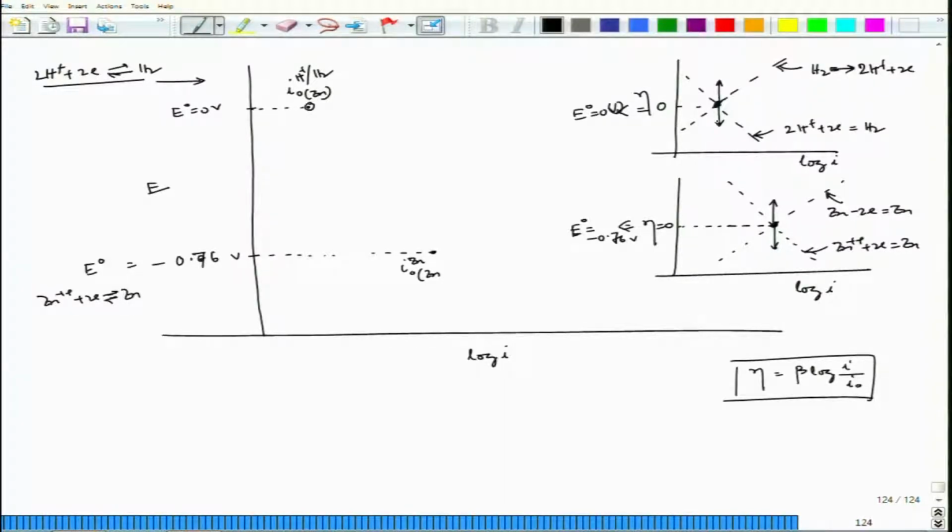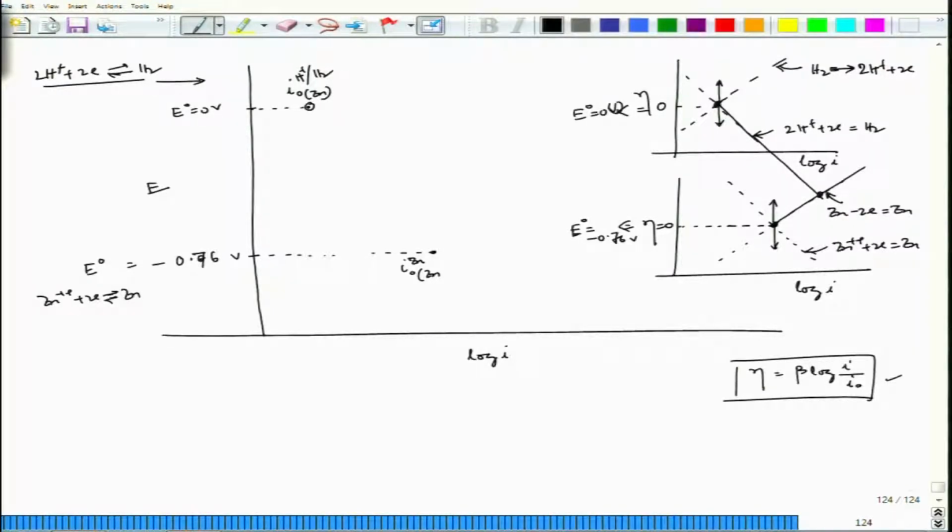And when they would like to do that, that means they would follow their own anodic polarization plot and cathodic polarization plot as per these equations. So, in case of zinc, this polarization would follow according to this line, and here the polarization of hydrogen reaction would follow this line. So, now they will meet somewhere here.